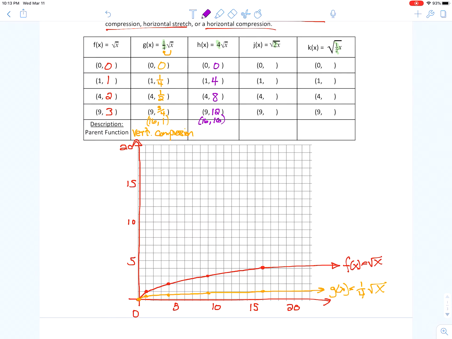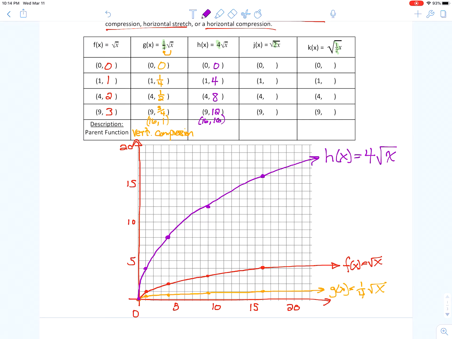We'll put those points in. You put them in as well. 1, 4, 4, 8, 9, 12, and 16, 16. That's h of x equals 4 times the square root of x.